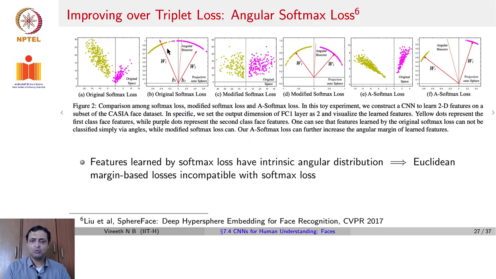This could be improved by using a modified softmax loss, where you normalize your weight vectors before obtaining these embeddings. We will see the formal definition soon. And this particular work proposes an angular softmax where you enhance the distinction between the positive class embeddings and the negative class embeddings, so that then you could use a cosine distance metric to effectively separate the identities or get similarity between the identities.